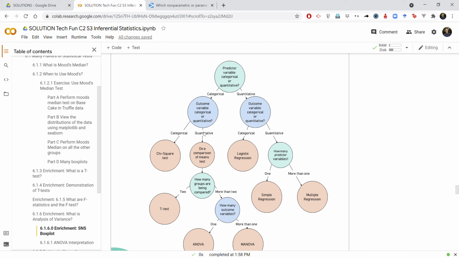And that's how we apprehended this question and moved it over to categorical. Right, so that is why Mood's median is a special case of the chi-squared test statistic. We made up a new category. The category was, is this observation above or below the grand median? So that's how this fits into the chart.